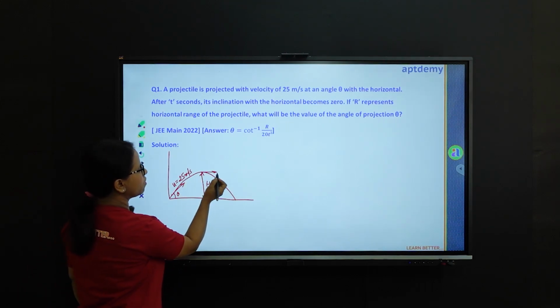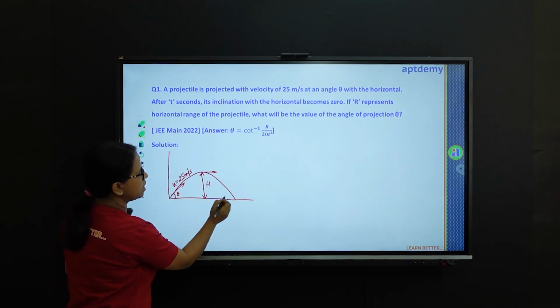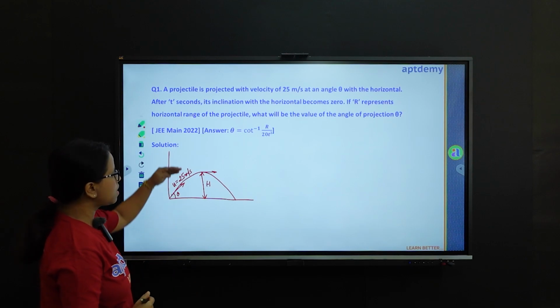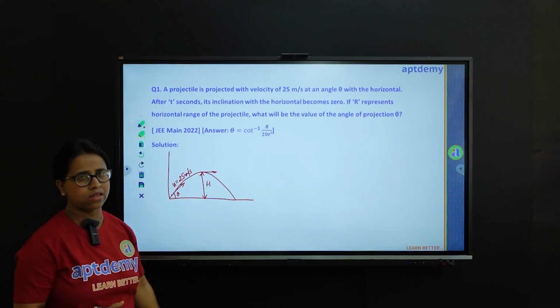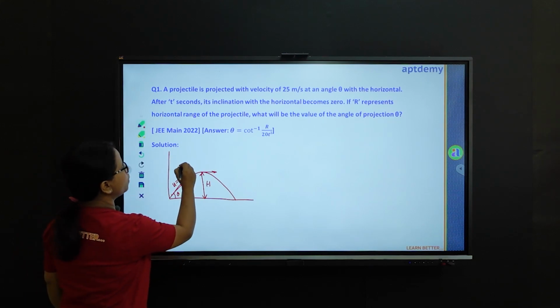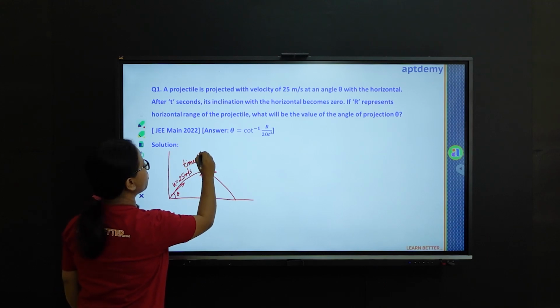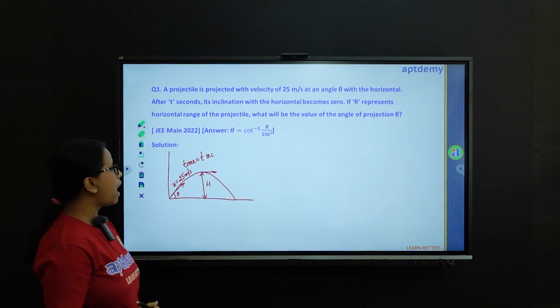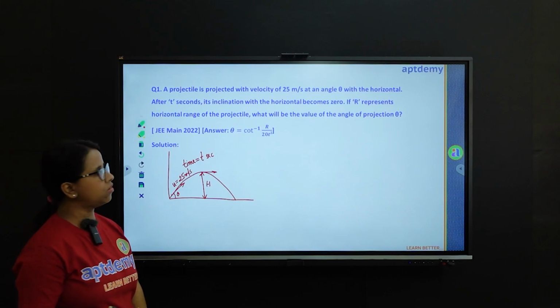Now, at this point, if you note, then the angle theta is equal to 0 degree, since at this point the projectile is parallel to the x-axis. So it is at this point that we have a time of t seconds, that is, the projectile will reach the maximum height after t seconds at this particular point.